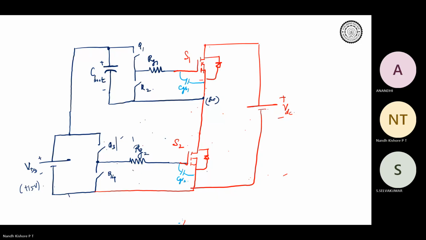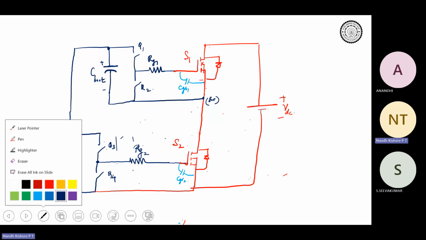Now the question is, I have VDD over here. How do I charge up C boot? That is the question.